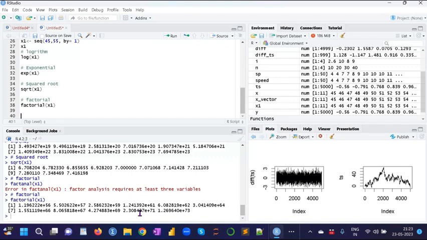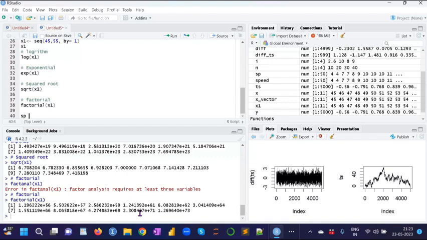Now come to the statistics functions. I want to check the speed, because I am using the cars data set, where there are two columns, speed and distance.